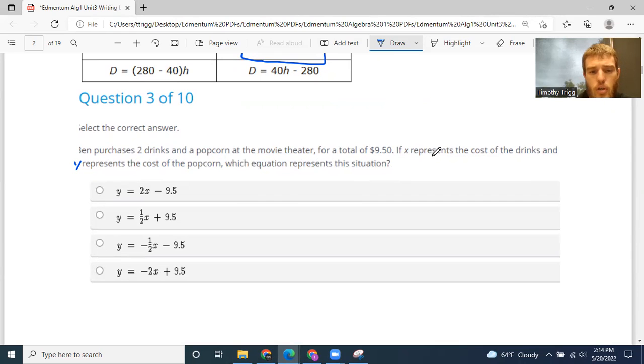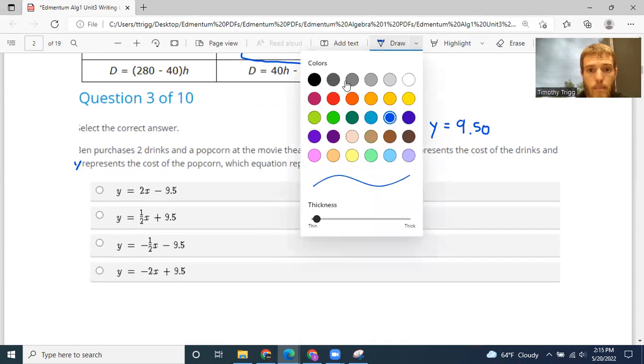So 2 drinks and a popcorn for a total of $9.50. X represents the drink. So 2 drinks plus a single popcorn for $9.50. I don't know what theater he's going to, but I feel like that's pretty cheap for what theaters usually charge.